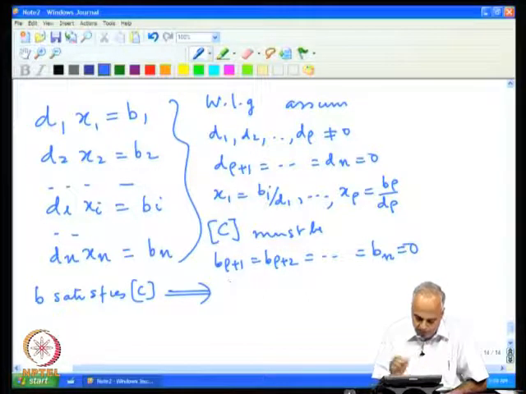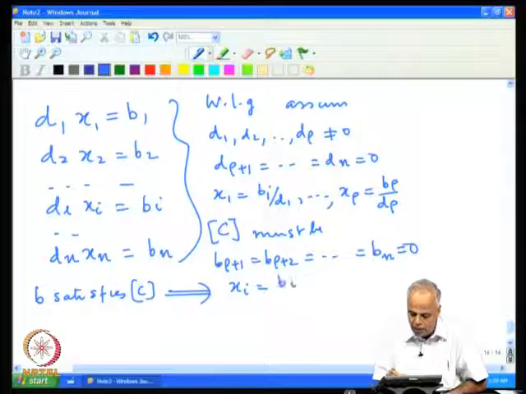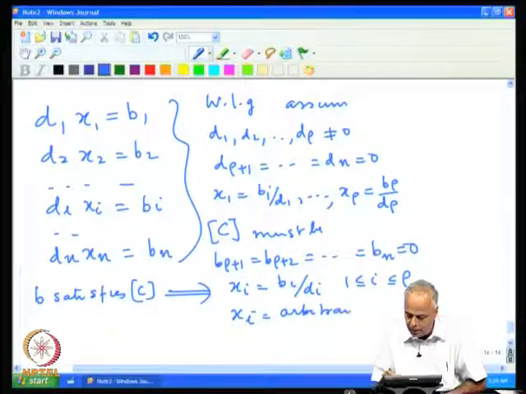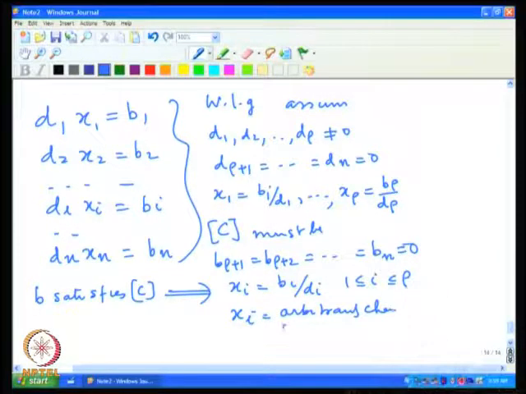So what we get is xi's are given as bi by di for 1 less than or equal to i less than or equal to rho, and xi can be arbitrarily chosen for rho plus 1 less than or equal to i less than or equal to n.